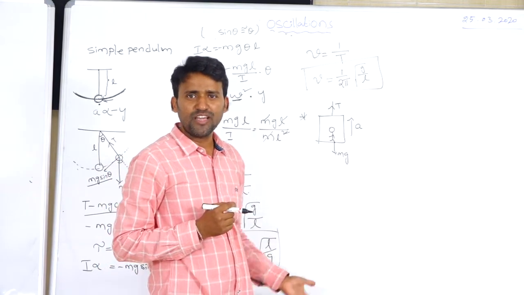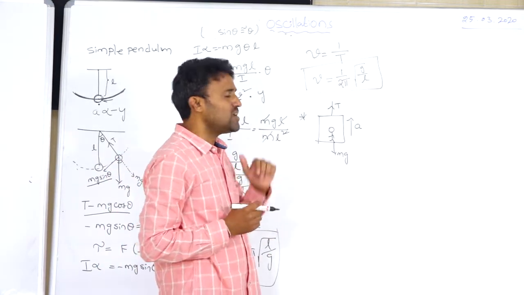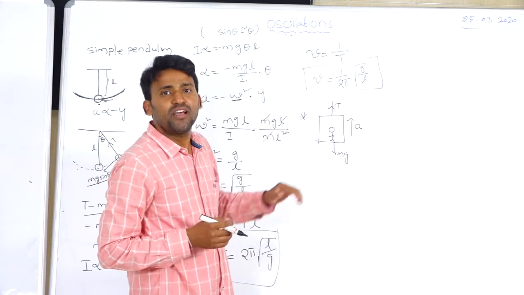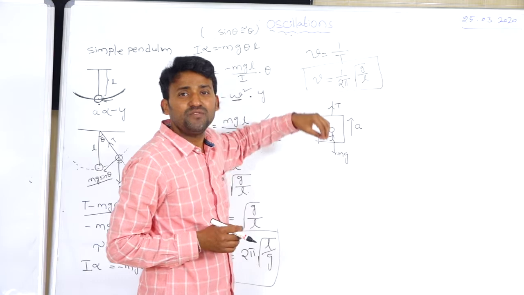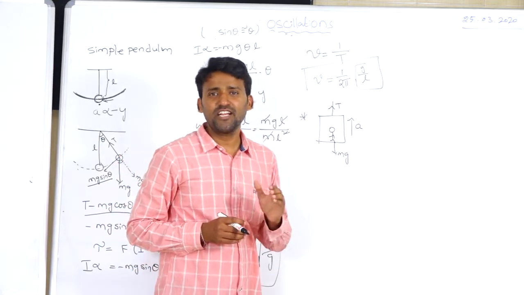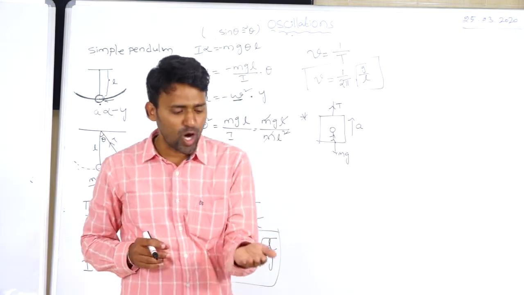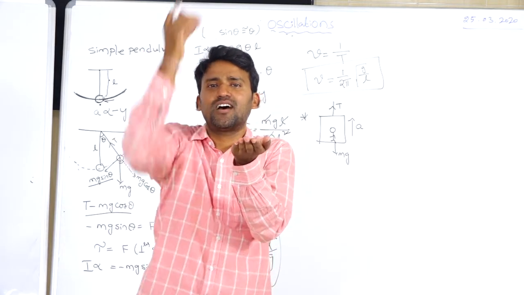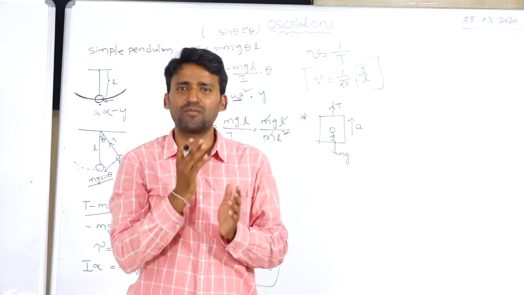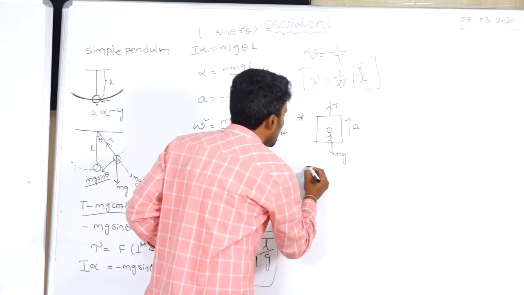So when the lift is moving upward, the tension force is greater than the weight of the object. Resultant force is equal to, because the object is going upward, the upward force is greater than the downward force.